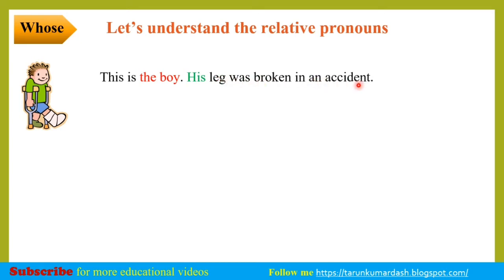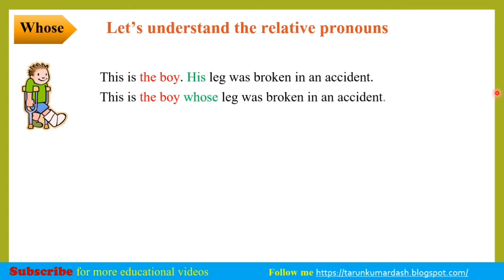So obviously the question word comes as whose leg was broken in an accident. We can ask a question like this. So whose will be used as the relative pronoun. So my dear friends, the sentence is, this is the boy whose leg was broken in an accident.